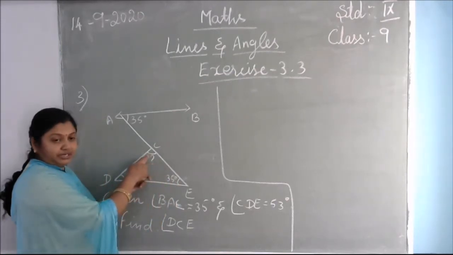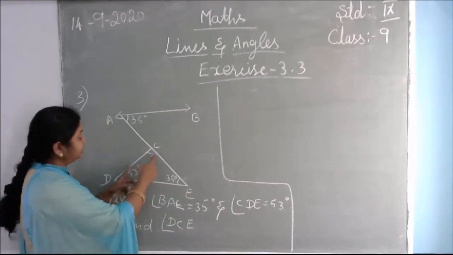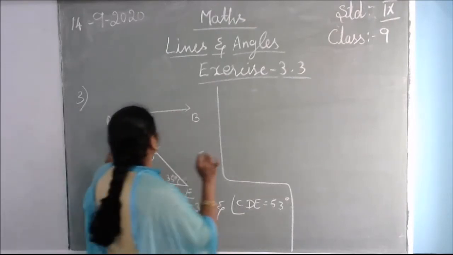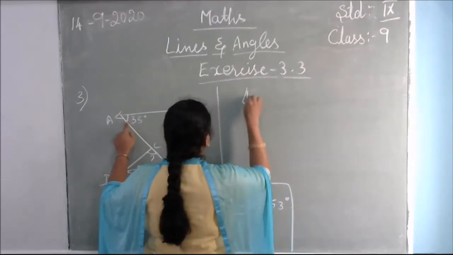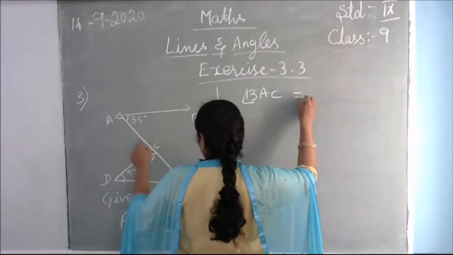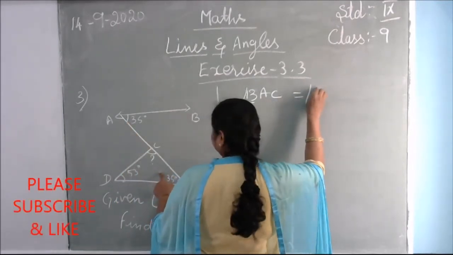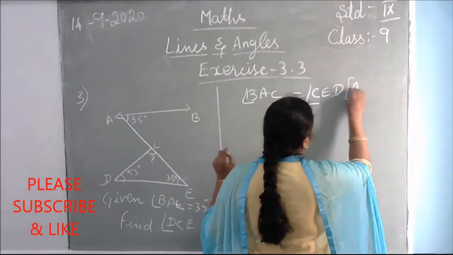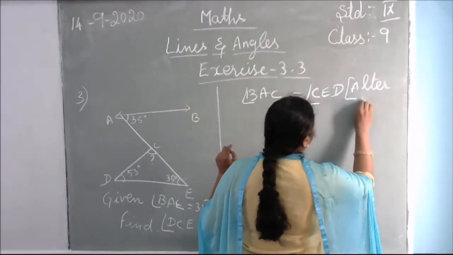Then it will be easy for you to find out this angle, because the sum of three angles in the triangle is 180 degree. So okay, first we have to write angle BAC is equal to angle CED because both are alternate angles.